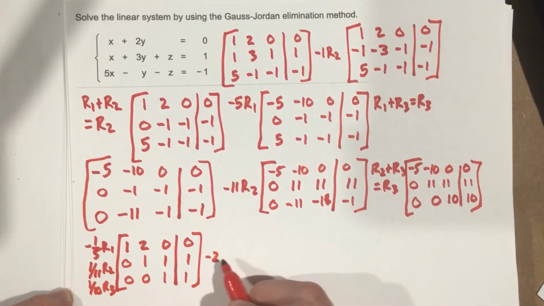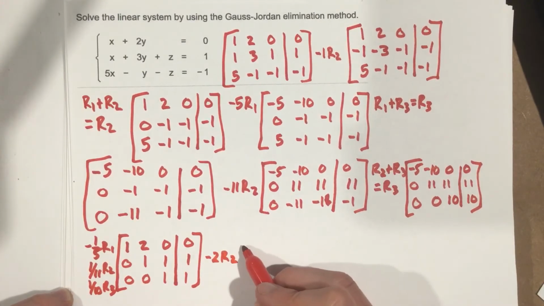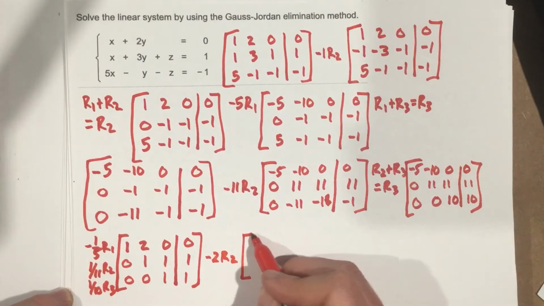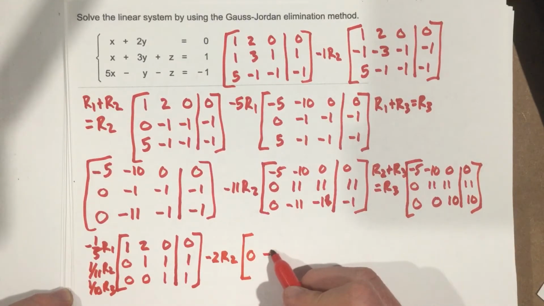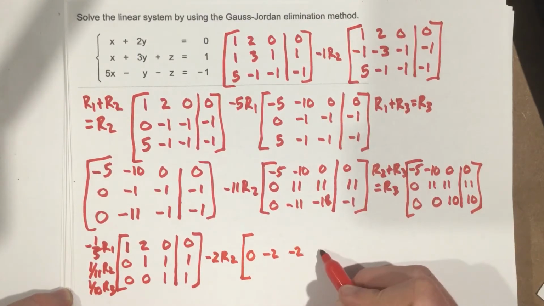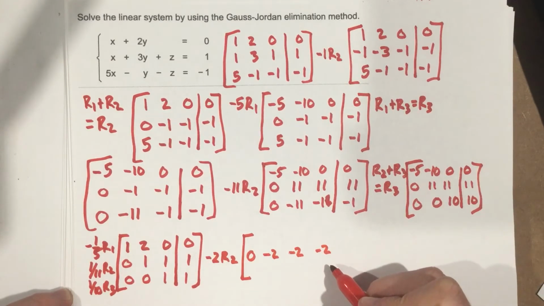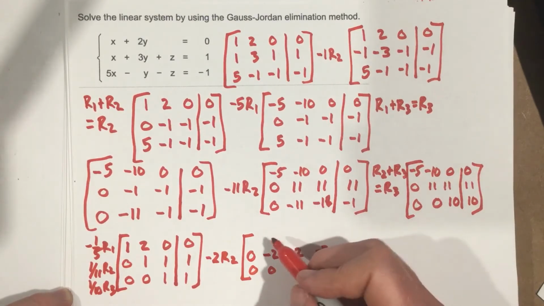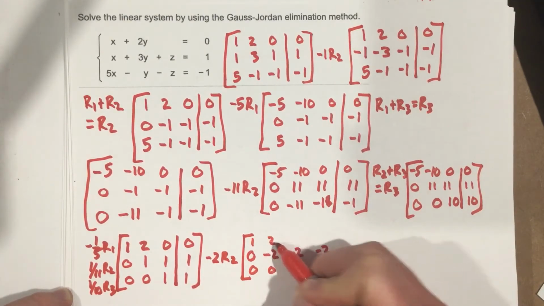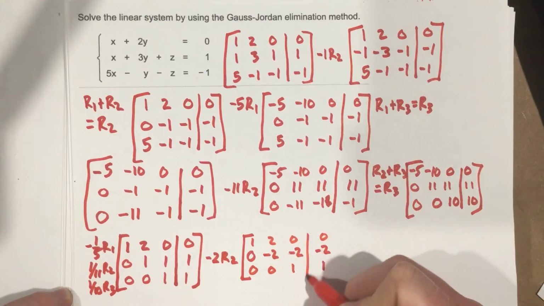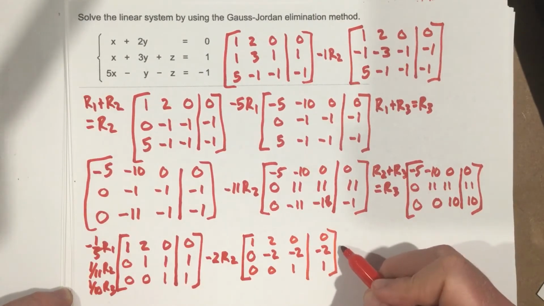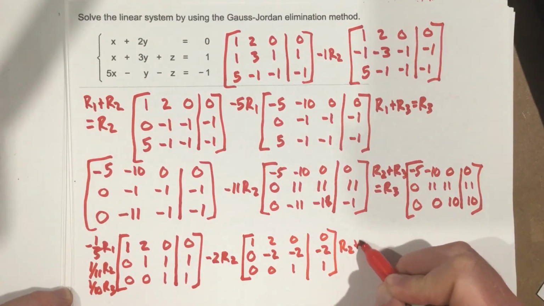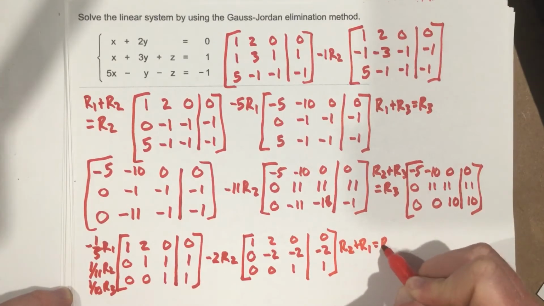And now you can see that we need to get this to be negative 2. So let's go negative 2 R2. And we're going to get 0, negative 2, negative 2, negative 2. And we're going to have 0, 0, 1, 1, and we've got 1, 2, 0, 0 on top. We need to add row 2 plus row 1, and that's going to change row 1.